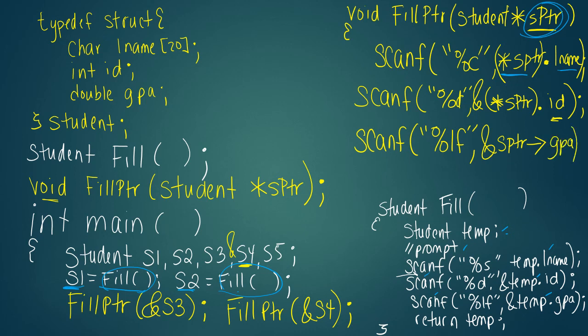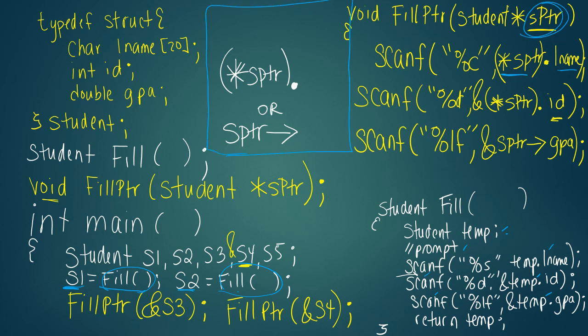So when you're dealing with pointers to structs, you have two options. If my pointer to my struct is called SPTR, I can either go to the value at SPTR, and the parentheses are required, or you can just go SPTR with an arrow that points to the field.